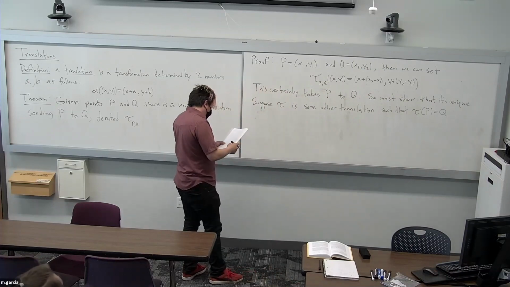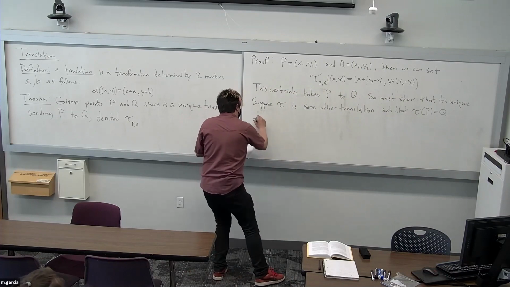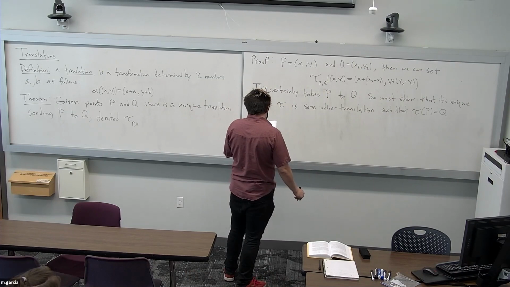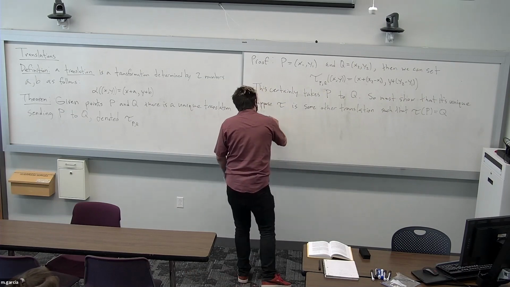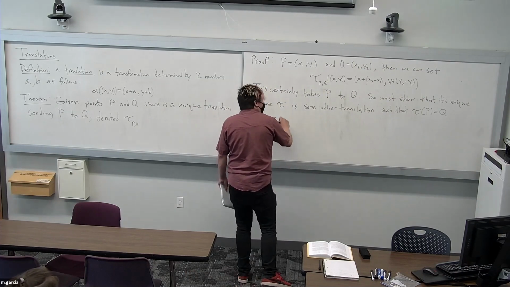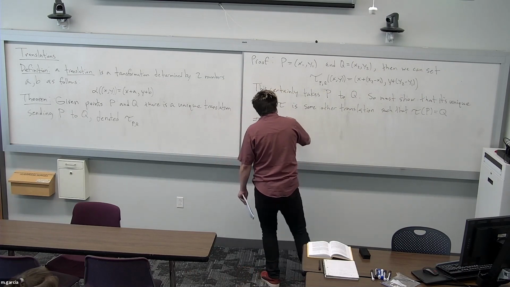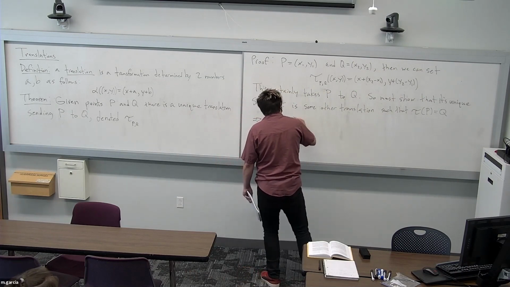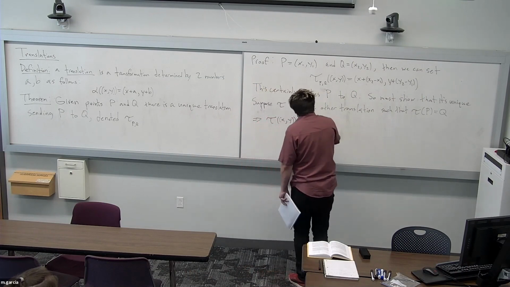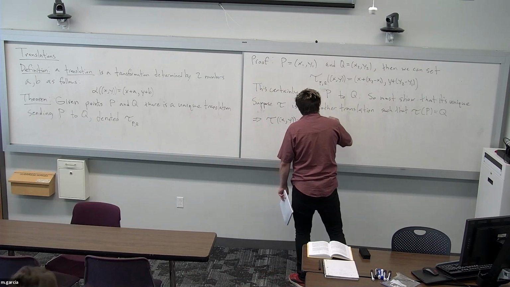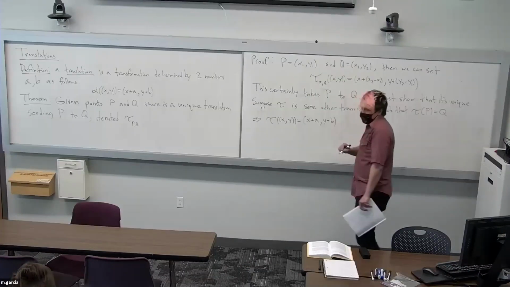Okay, so this implies that since tau is a translation, we have some formula. There are two numbers, a and b, such that tau has the formula x plus a comma y plus b. Right?